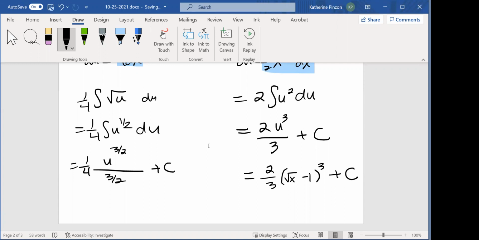Either of those is okay. In the end, we get 1/6 u, what was u? I forgot. 4x minus 5 to the 3/2 plus c.